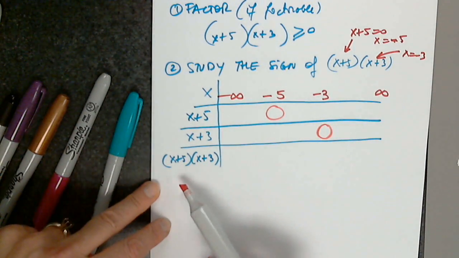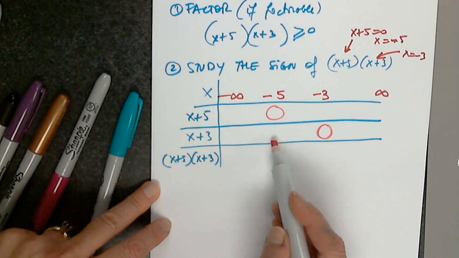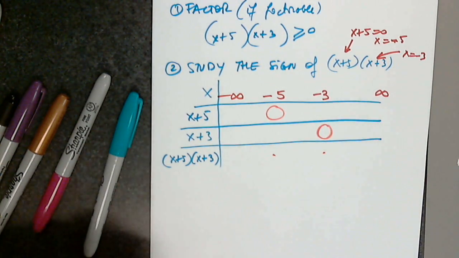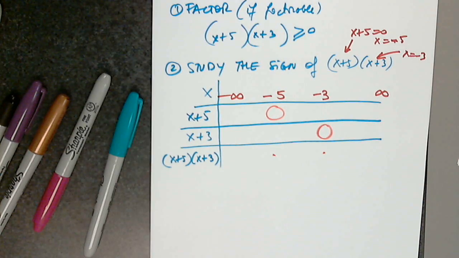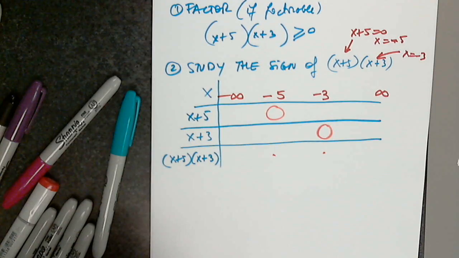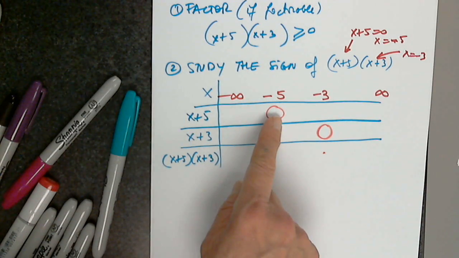And now please tell me what will happen when x is -5, right under -5, but for the product, and what will happen right under -3 and for the product. What do you think? No. Let me explain again what I'm asking. X plus 5 is 0.